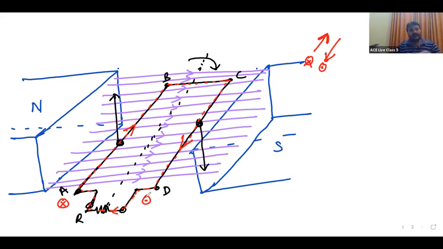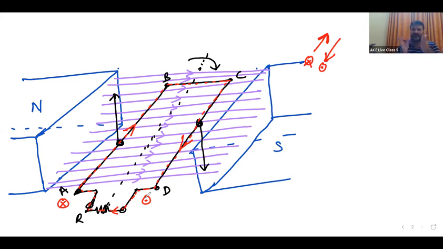I will ask you a question. Can you tell me why the induced EMF in conductor AB is cross, and why in conductor CD it is dot? Under the north pole AB is cross, under the south pole CD is dot.